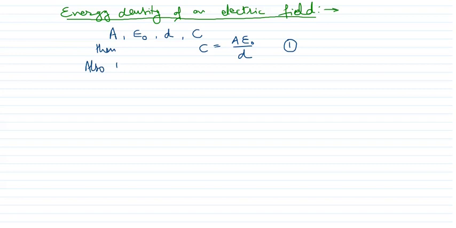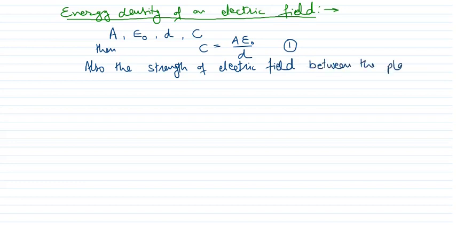Also, the strength of electric field between the plates is given by E equals sigma upon epsilon naught, where sigma is charge density.